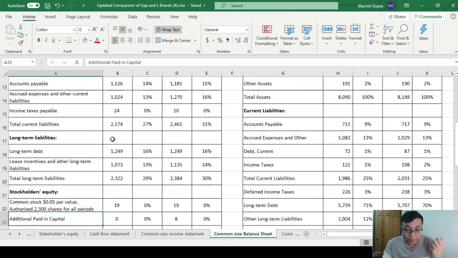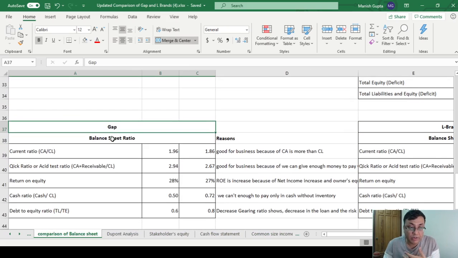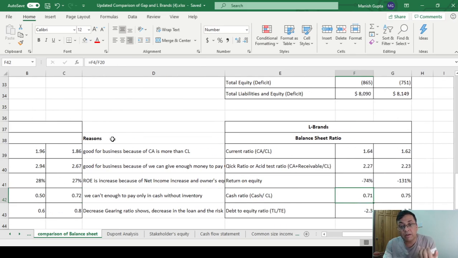Usually you will be able to see them in the ratio analysis. Here is a quick ratio for the company, then the cash ratio divided by the current liability. Here you can say the cash is enough to cover 50% of the current liabilities. The other company, L Brands, has 7.71, which is quite high compared to the Gap.